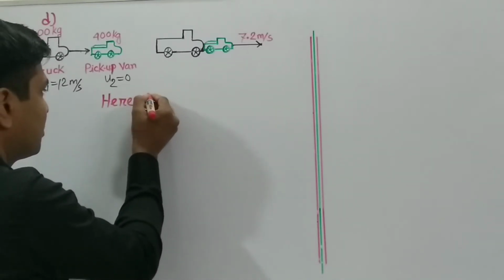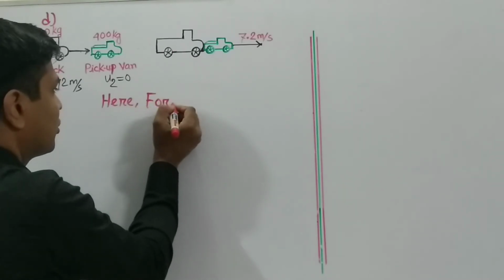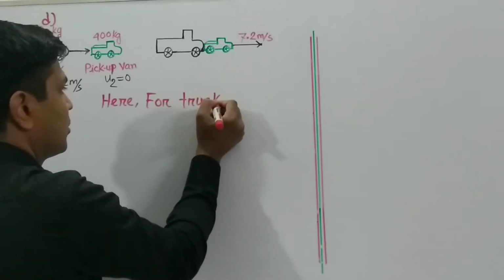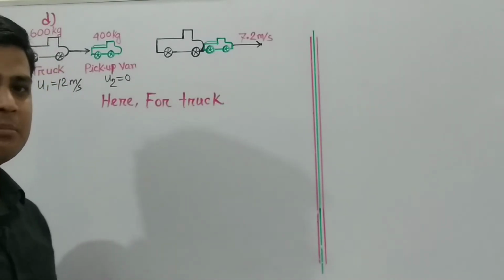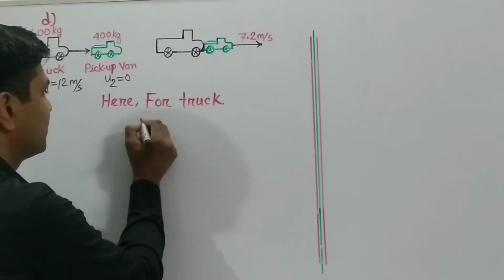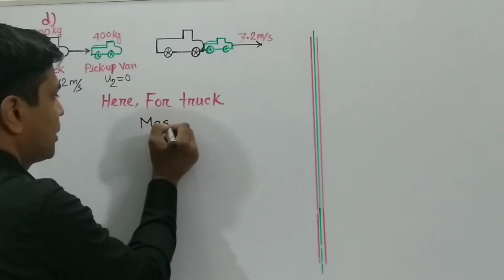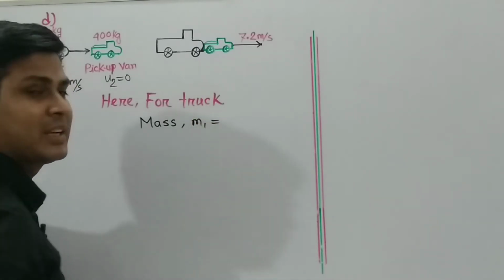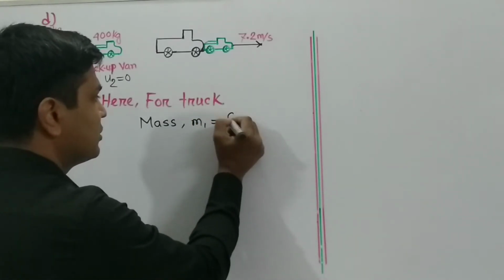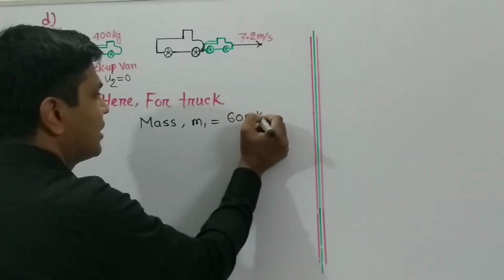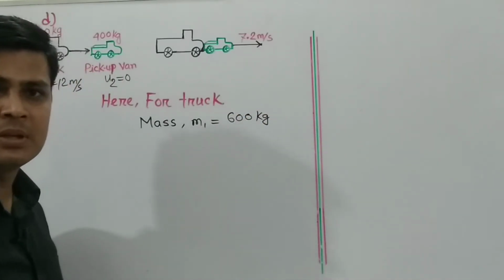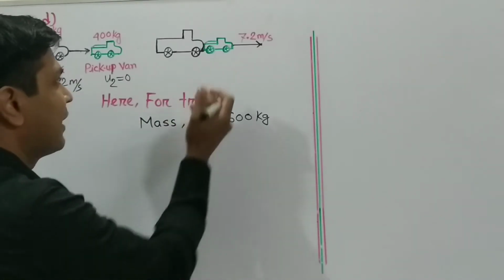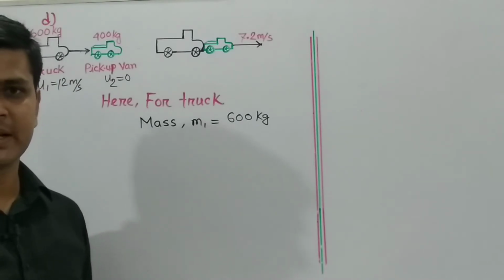For truck, the mass of the truck is given, consider the mass of the truck is m1, and the value is given here 600 kg, and the initial velocity of the truck is 12 meter per second and the final velocity of the truck is 7.2 meter per second.